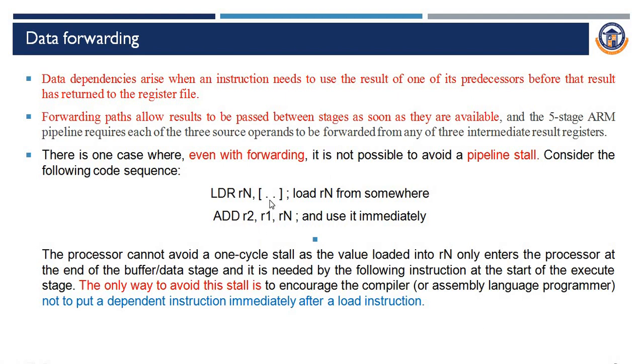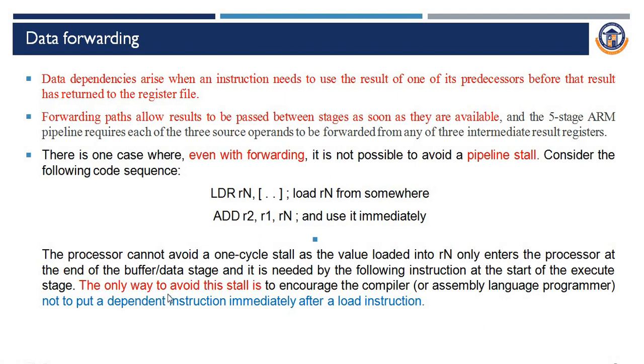The result of LDR, that is Rn, will be available in the write back stage, but the ADD instruction needs Rn in the decode stage. This data dependency will slow down your processor performance.